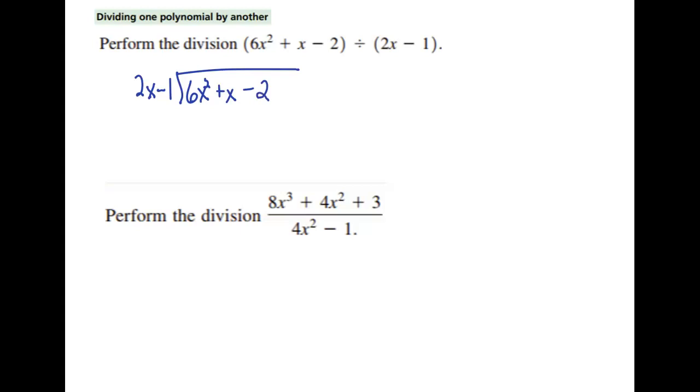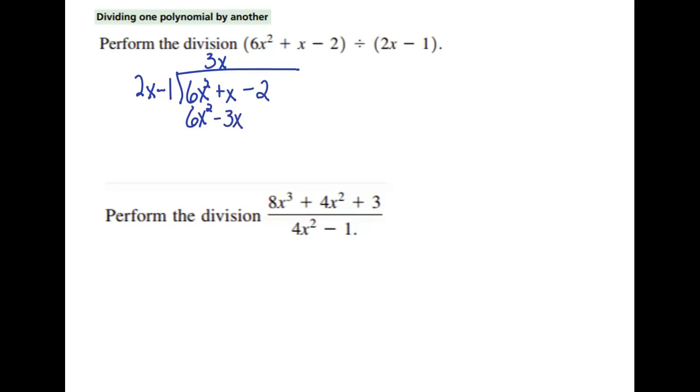We ask ourselves, how many times will 2x divide into 6x squared? And that goes 3x times, because when we go back and multiply it, 3x times 2x is 6x squared. But don't forget to multiply everything. 3x times -1 is -3x.